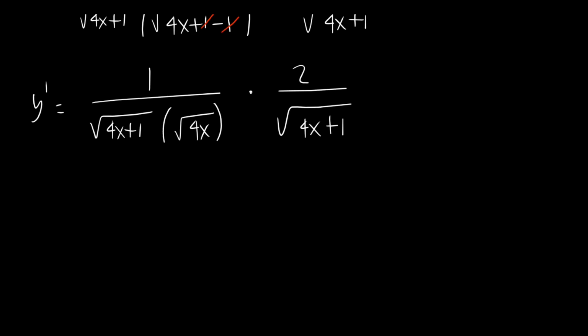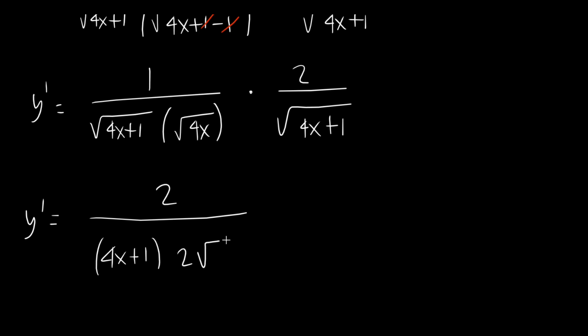So we have y prime is equal to 2 all over 4x plus 1, since the square root will be cancelled. The square root of 4x is just equal to 2 square root of x. So 2 square root of x multiplied by 2 square root of x.